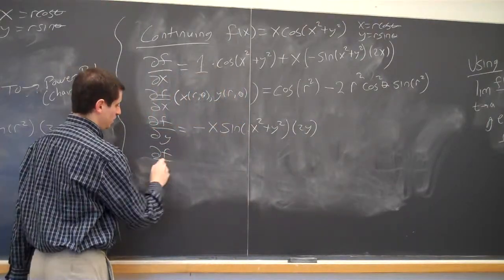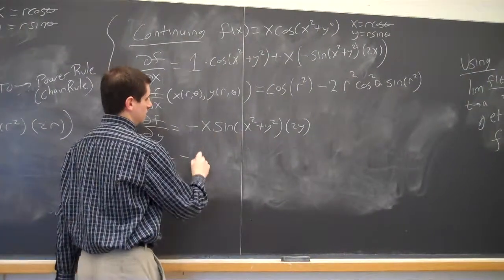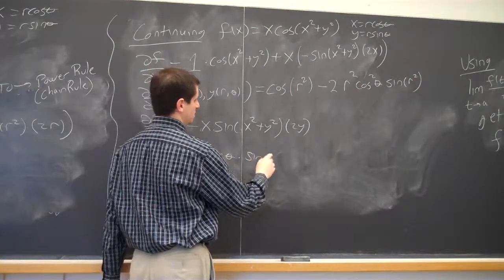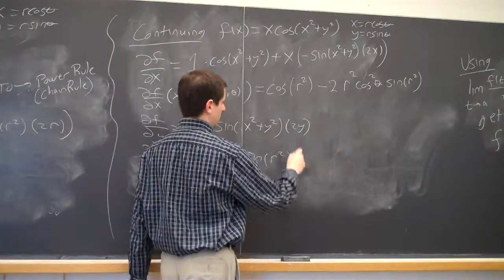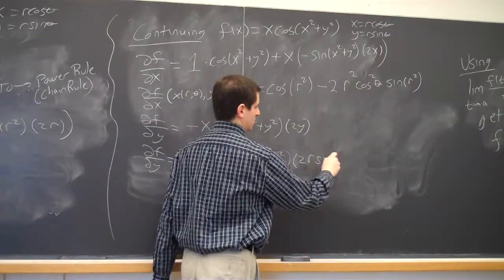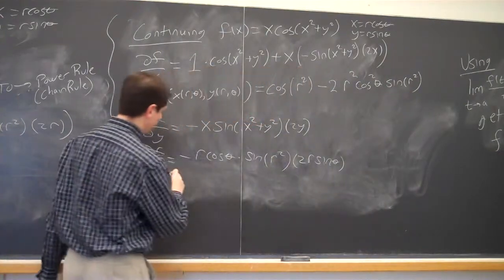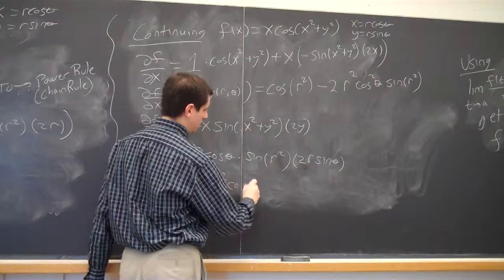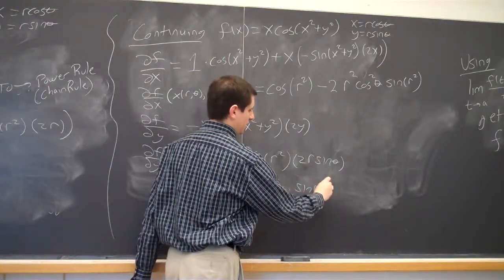So df dy is going to be minus r cosine theta times sine of r squared times 2r sine theta. And so if you want to simplify that a little bit, it'll be minus 2r squared cosine theta sine theta sine of r squared.